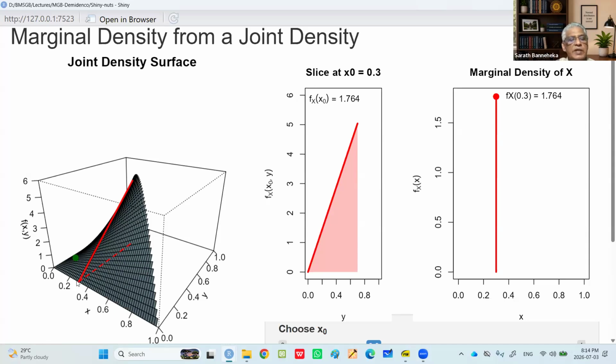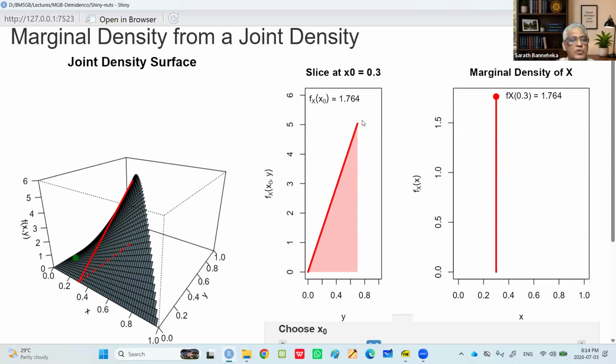So what we will be getting as the marginal density function of x evaluated at 0.3 is actually the area in this cross section here, right? Under this curve, right?